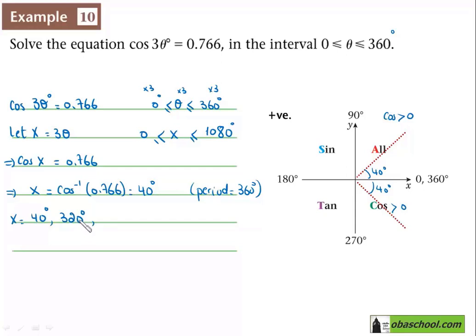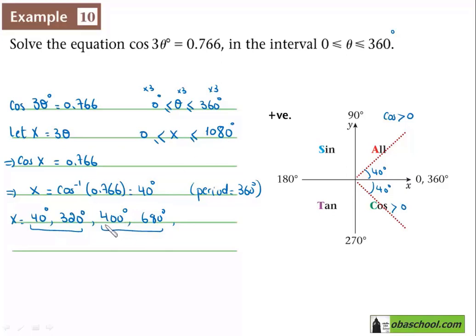So 40 plus 360 degrees is 400 degrees. Then we have 320 plus 360. The answer is 680 degrees. You are simply adding 360 for each angle. We are still less than 1080.